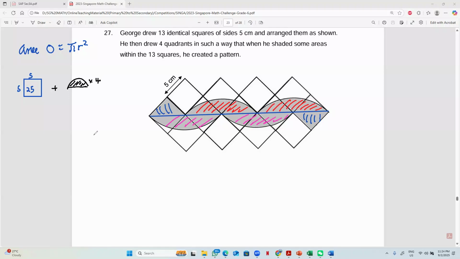So let's look closer. How are we going to find this out? Let's focus on one of the quadrants that I'm going to draw for you. I make it bigger so that you can see. Look at this part and the curved line.